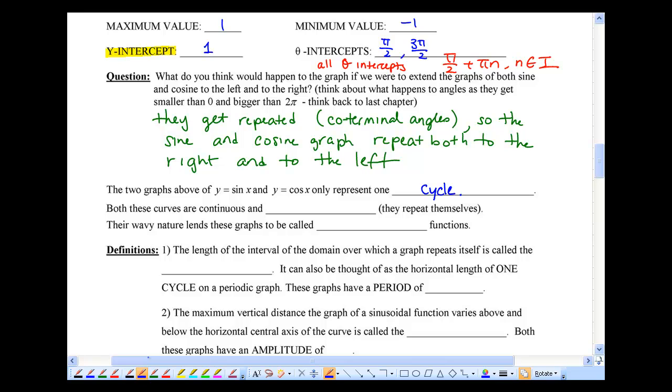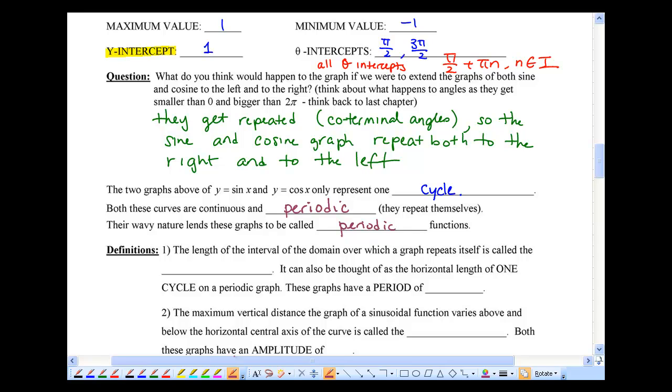They're nice and smooth. They don't break. They have no breaks. And because they go and repeat themselves, we have a special name. We call them periodic. Their wavy nature then lends these graphs to be called periodic functions then, because they repeat themselves.